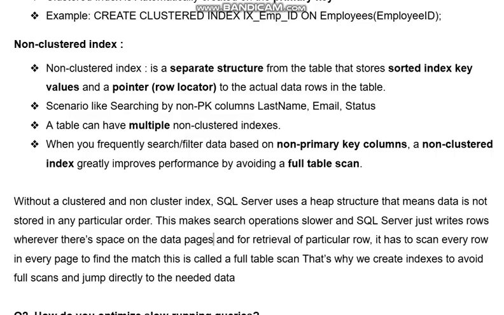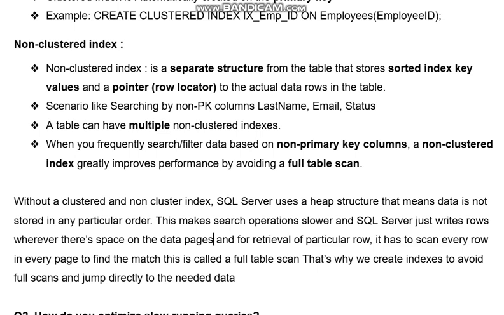If you apply cluster and non-cluster indexes, then searching for record 35 will go directly to the third page, which covers 30 to 40, and find the 35th row.